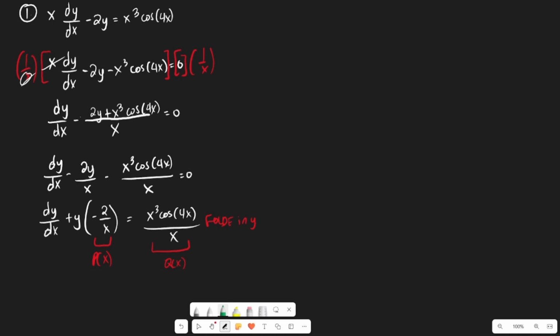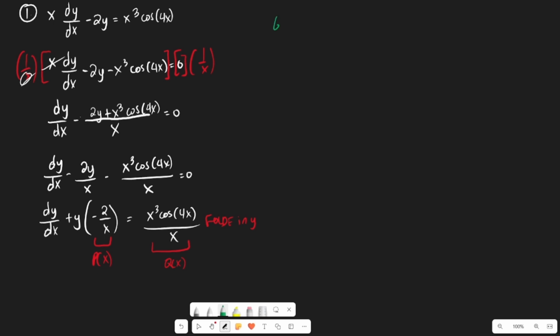It is good practice to always write the formula first, even if you know it, so that it aligns well and you just substitute everything that you have in your standard form.